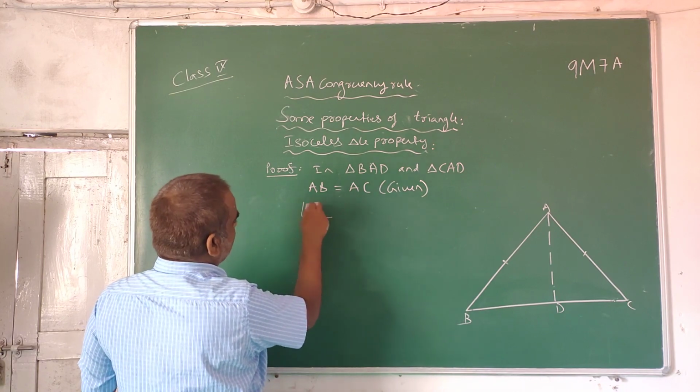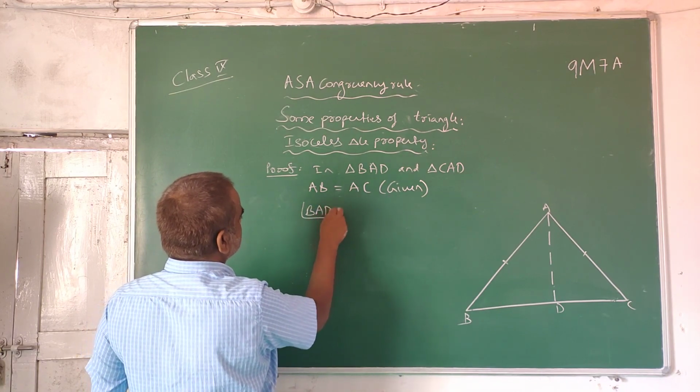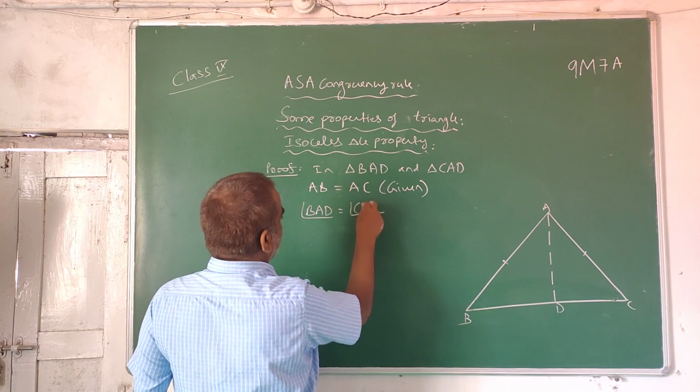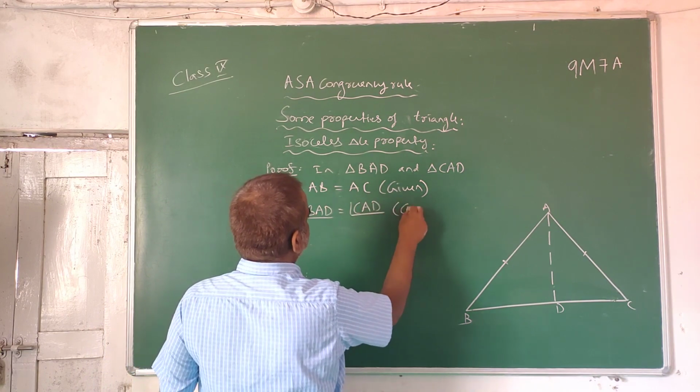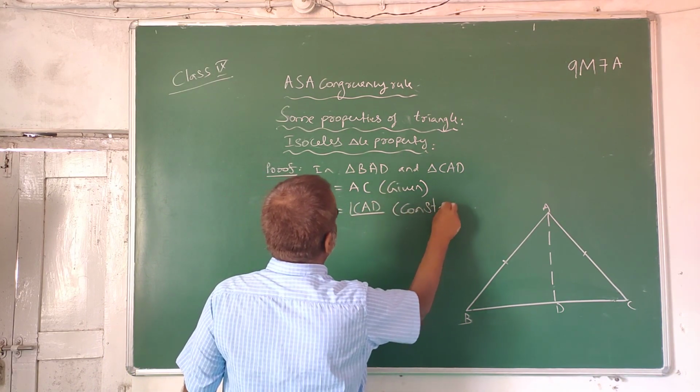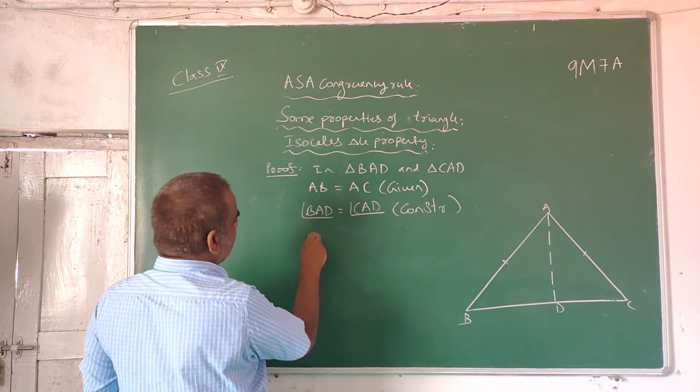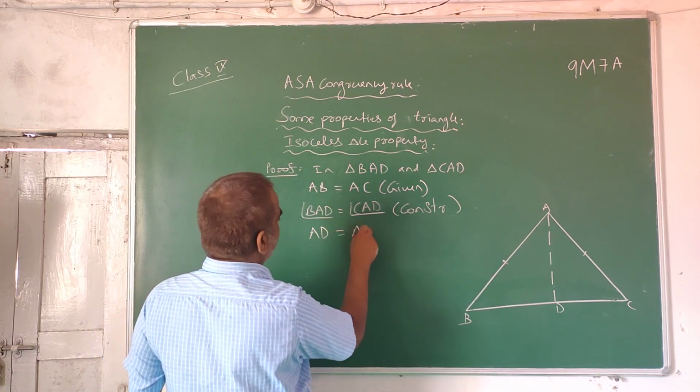Next, angle BAD is equal to angle CAD, it is by construction, and AD is equal to AD, this is a common side.